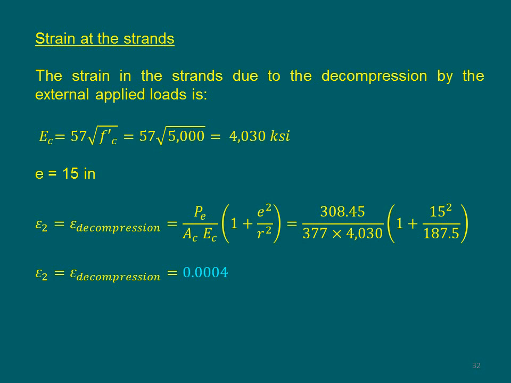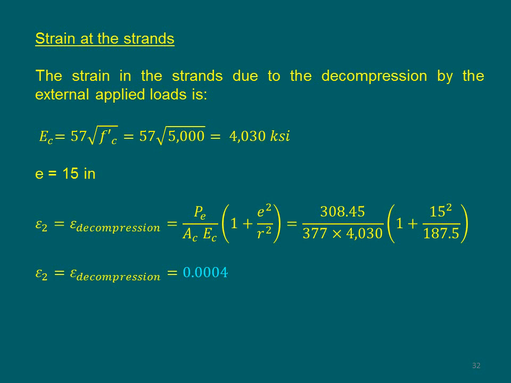The second component for the strain in the strands is going to come from the decompression by the external applied force, which means the load coming to the beam. The modulus of elasticity for the concrete can be determined using this equation: E sub C equals 57,000 square root of F prime C, and the whole answer is going to be in PSI.